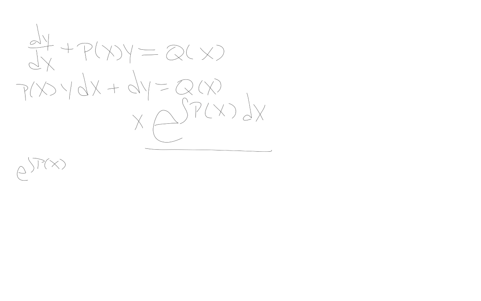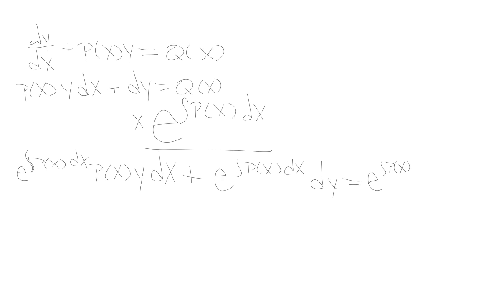So I have e to the power of the integral of P(x) dx times P(x) times y dx plus e to the power of the integral of P(x) with respect to x times dy equals e to the power of this integral times this function times dx.